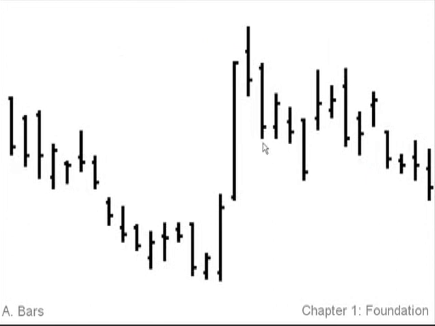These two bars have the exact same low, but the second bar has a lower high. Now, this little bar here qualifies as an inside bar. There are two bars down here with the exact same high. This longer bar has a lower low.